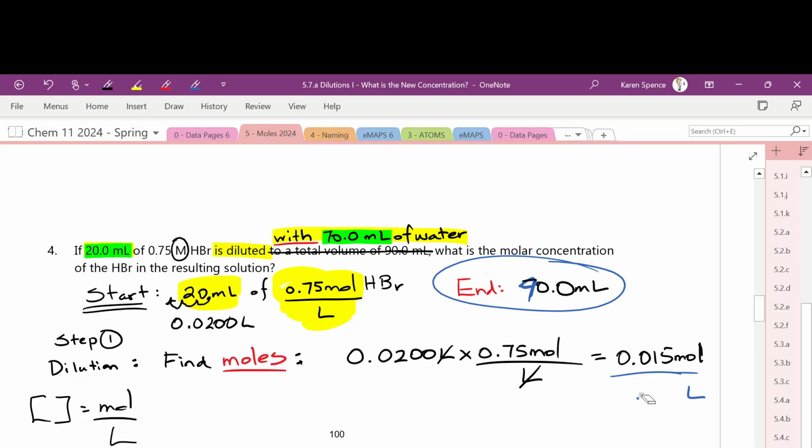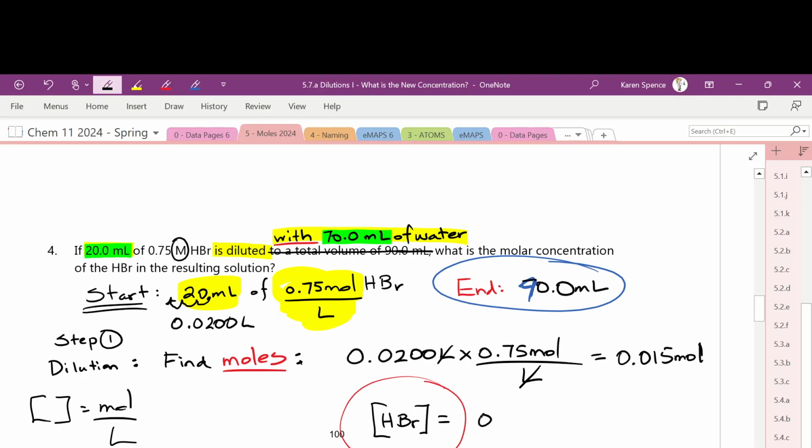Or if you don't want to do that, the other way to do it, and this is actually probably the preferred way, is to say, now that I have found the moles, I will find the concentration of HBr. And I'll let you know that if you're finding concentration tomorrow and you don't write concentration HBr equals, you will lose a half a mark. This is worth 0.5. Yes?